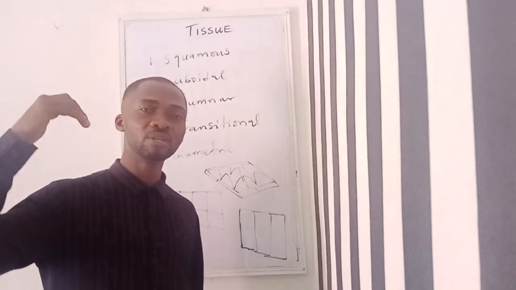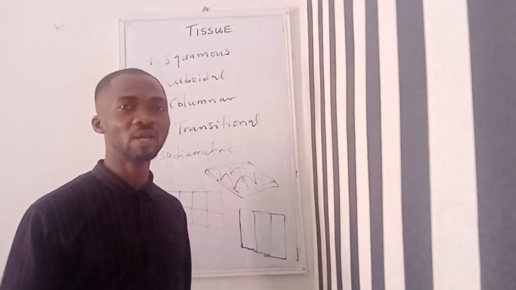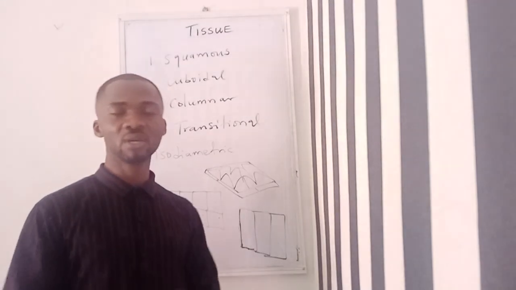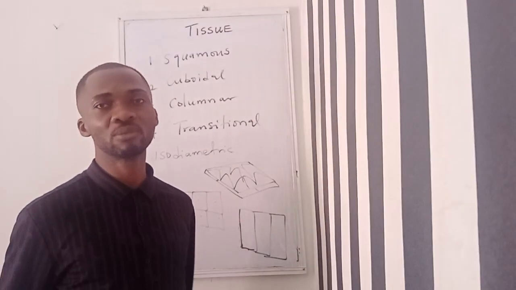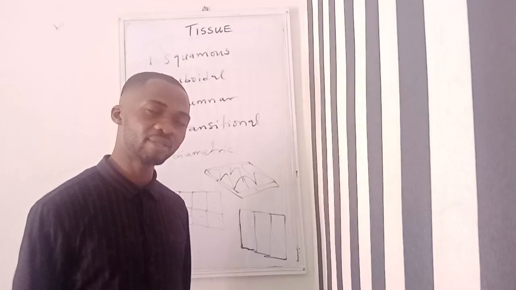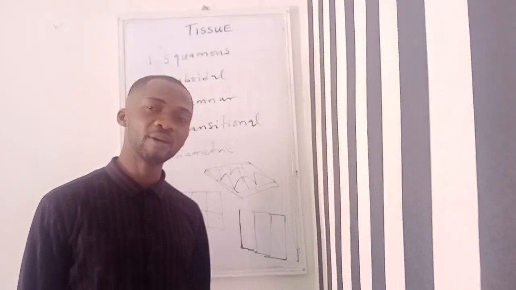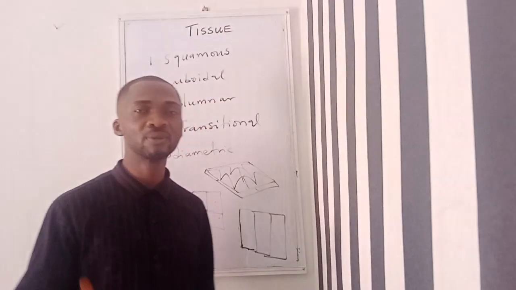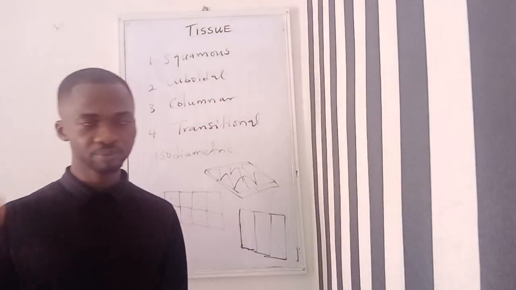So the uterus or the womb is also like that. When there is a baby, it is stretched, and when the baby is out, it returns back to its normal position. So that is where you see transitional epithelial tissue.